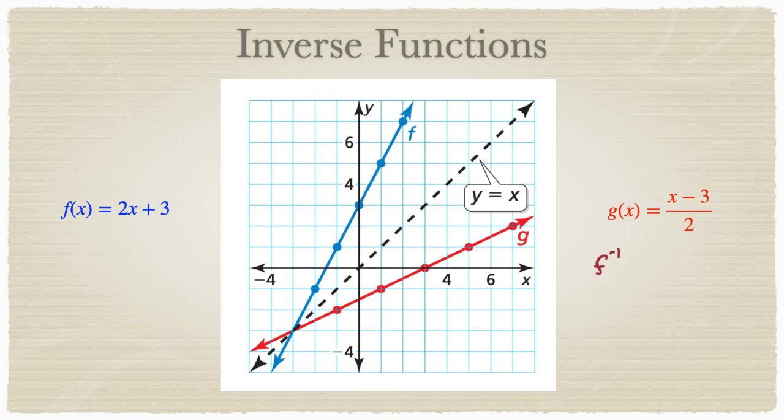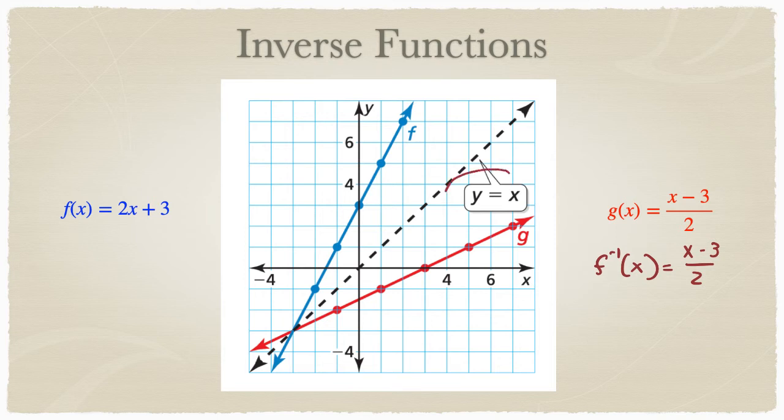So I should probably write it this way to indicate it's the inverse of that blue function, or the function f. But what we'd like to point out is that the function takes x's and maps them to y's, and the inverse takes the y's and maps them back to x's.